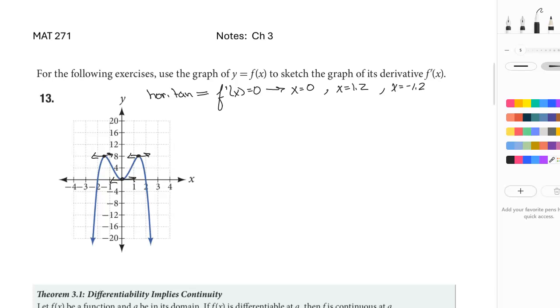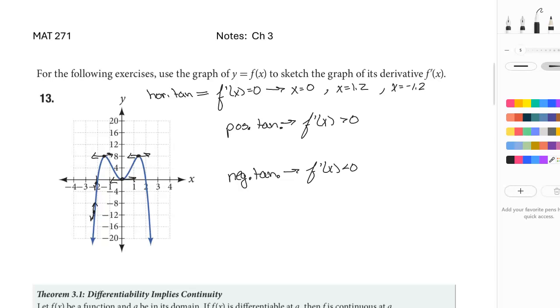Now let's talk about where we have positive tangents. Positive tangents means that f prime of x is going to be positive. Negative tangents means the value of the derivative is negative. So we're going to have positive tangents up until this point because f is increasing. So all those tangent lines are going to be positive.